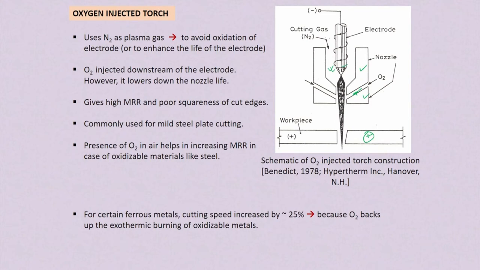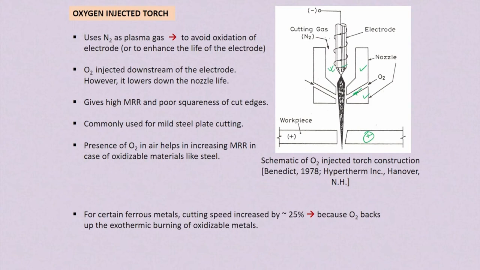For some ferrous materials, oxygen increases the exothermic reaction, so it increases the efficiency for ferrous materials. The oxygen injected torch uses nitrogen as the plasma gas to avoid oxidation of the electrode and to enhance the life of the electrode.